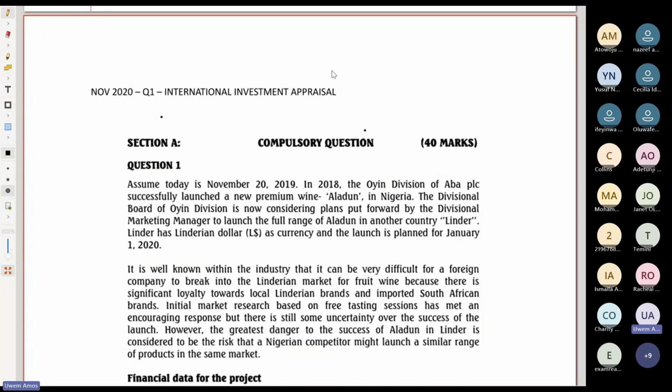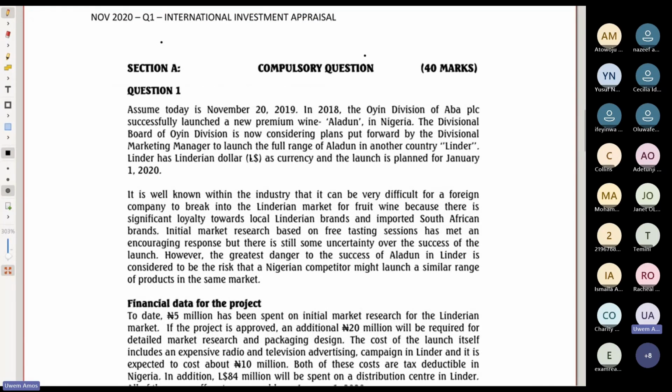Linda has the Lindarian dollar as currency, and the launch is planned for January 1st, 2020. That's when they want to launch the business. It is well known within the industry that it can be very difficult for a foreign company to break into the Lindarian market for fruit wine because there is a significant loyalty towards local Lindarian brands and imported South African brands.